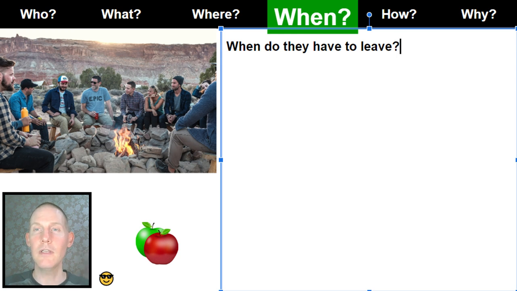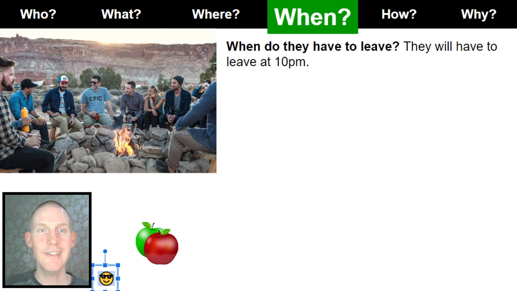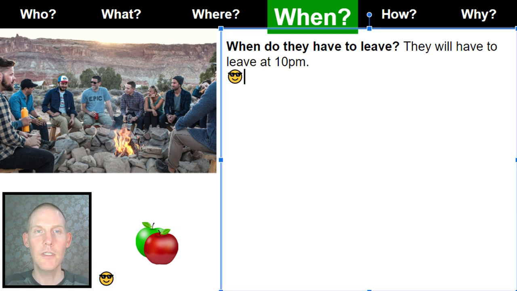It shows that they have a deadline and they have no choice, they have to leave. So we could say they will have to leave at 10 p.m., right? And a nice short answer is we can say at 10, right?